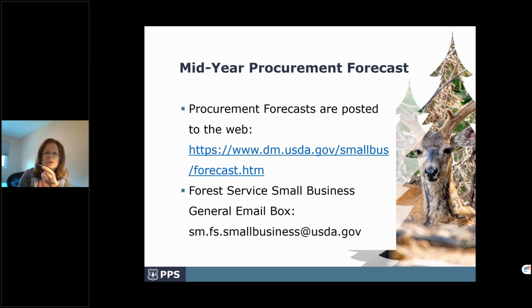If you're unsure of who to contact about a project, you can send inquiries to that general email box there on the slide. That is to our agency small business specialist. Her name is Ashley Thompson, and she monitors that email box and will get back to you, or forward the email on to someone like myself, who's a small business coordinator. I assist her, and then I will be the one responding to you. Next slide, Jody.